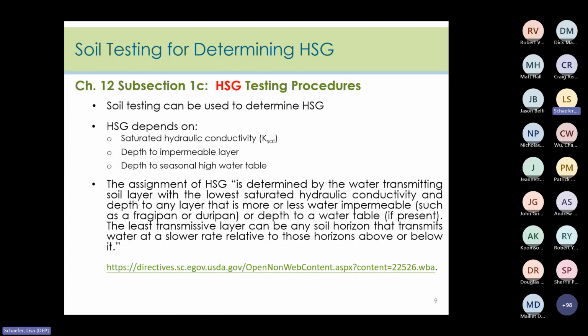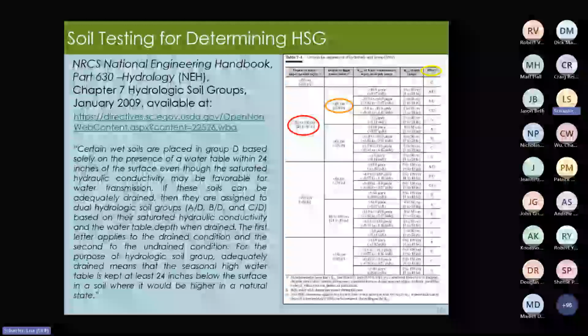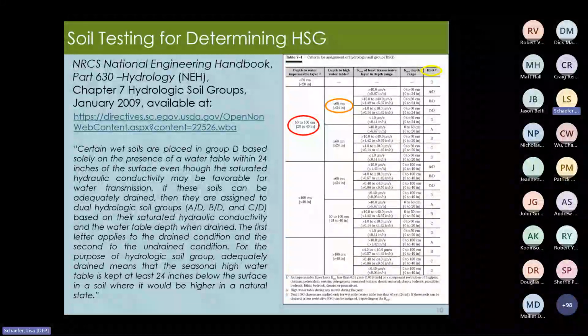We're going to go to their table 7-1 from page 112 in that chapter. The table relates saturated hydraulic conductivity to the hydrologic soil group. There's a lot going on this slide. First, we've got table 7.1 from the NEH.